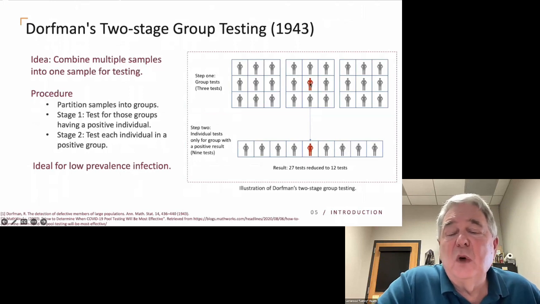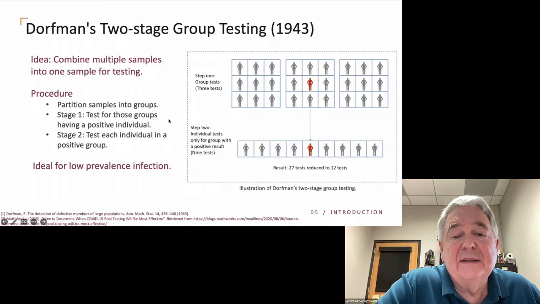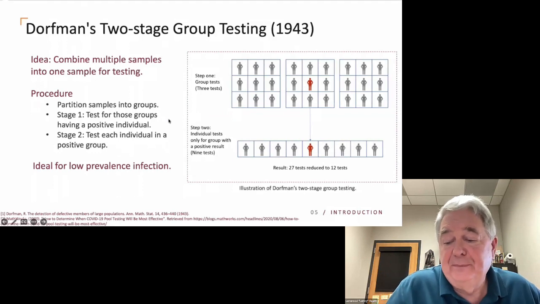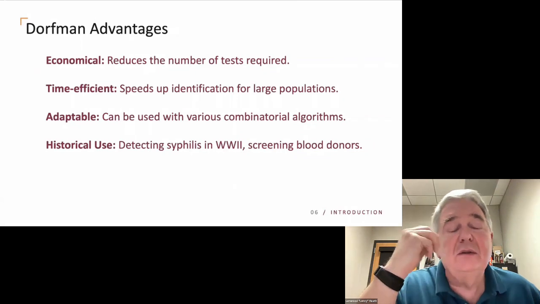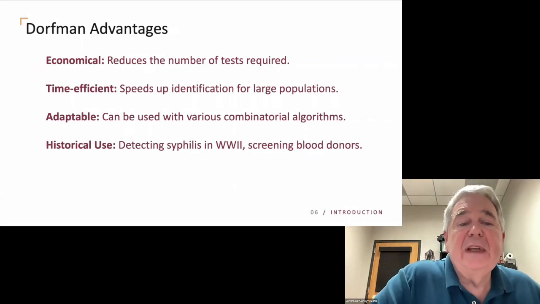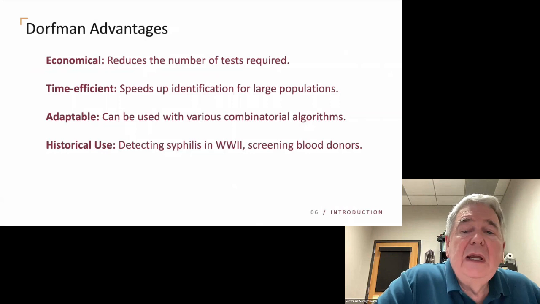But since there's one person infected in the middle group, that whole group is tested, which is an additional 9 tests, which adds up to 12 tests, which is a better number than the 27 individual tests that we normally use. So this has the potential to reduce the number of tests required and make things more time efficient.